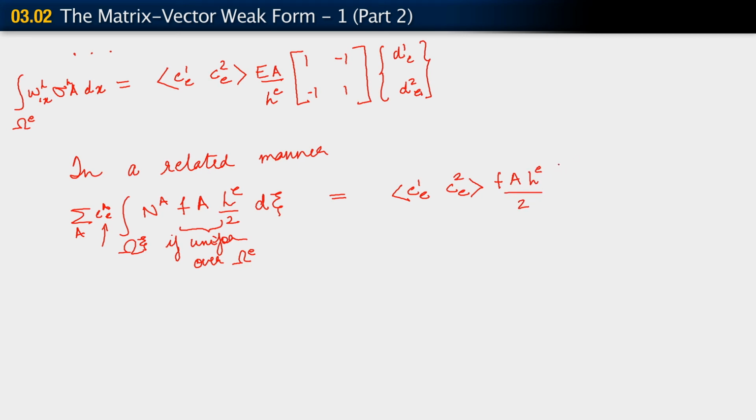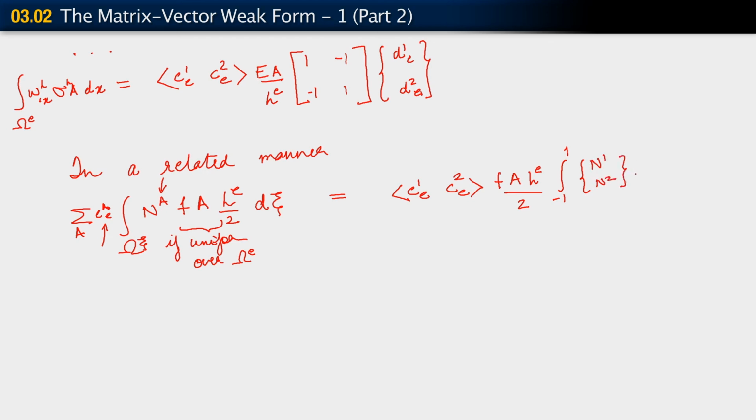Okay, so we have this, and now we have an integral over omega c, but omega c we already know has the limits -1 and 1. Okay, and then we have NA back here, but using this vector representation, corresponding to N1 and N2, we have N1 here, and we have N2 here.